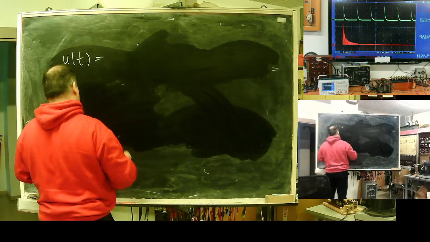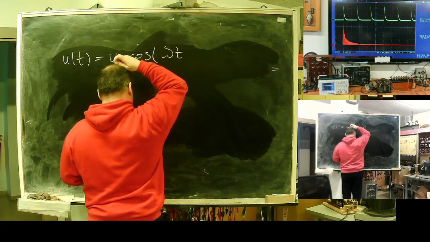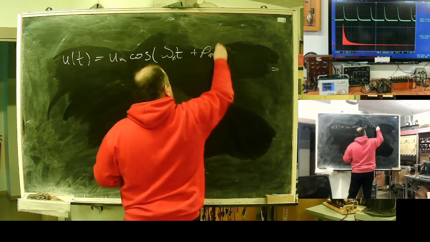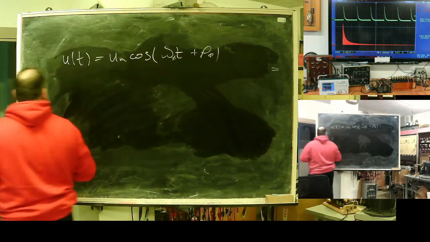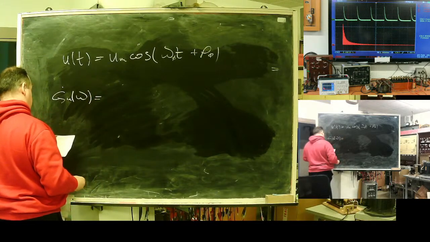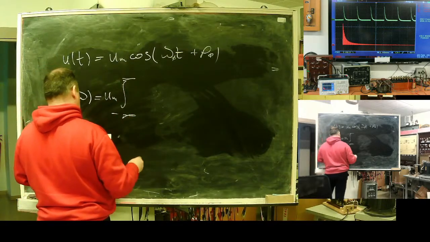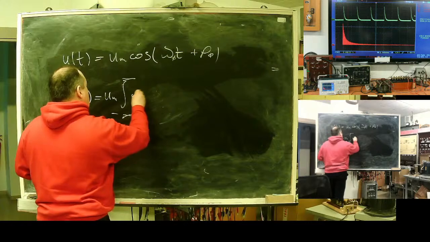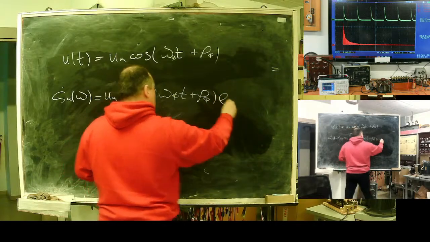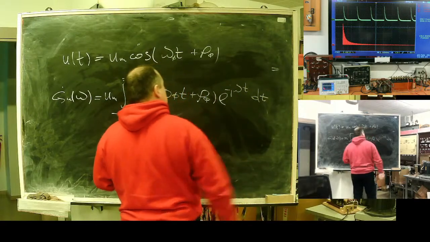So, let's say I have an ideal harmonic signal, cosine of omega 0 t plus phi 0. What will its spectral function be? We should integrate from minus infinity to infinity of cosine(omega 0 t + phi 0) e^(-jωt) dt.